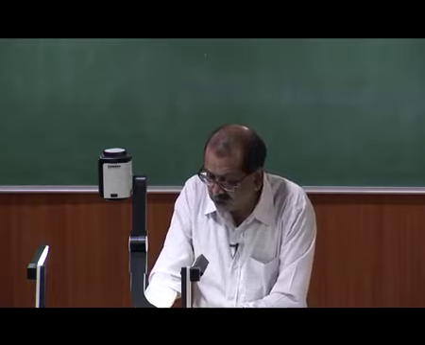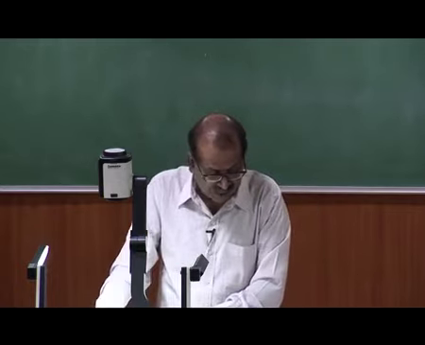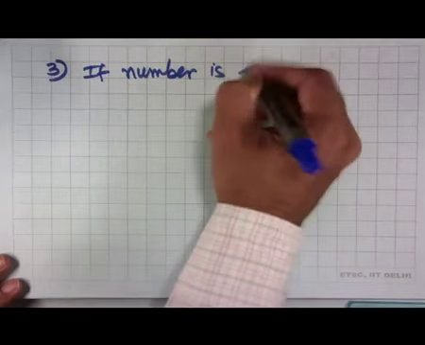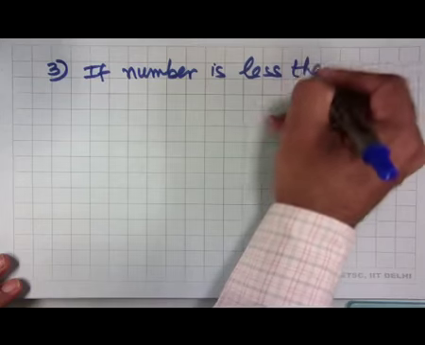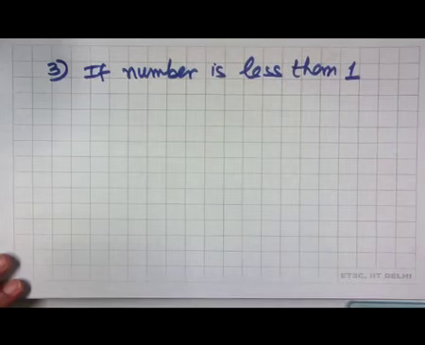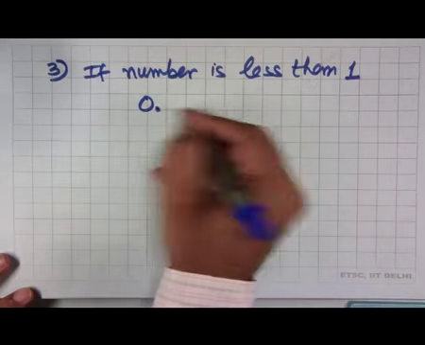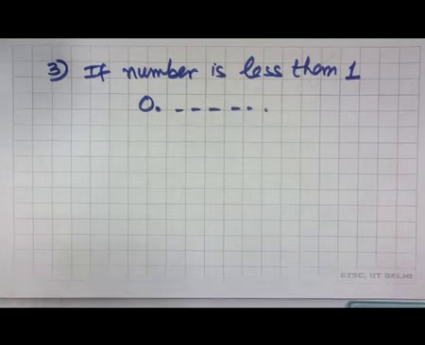Now, the third rule. These were simple rules, now we have to be a bit careful. If a number is less than 1, that means if we express it in decimal, it will be 0 point something.